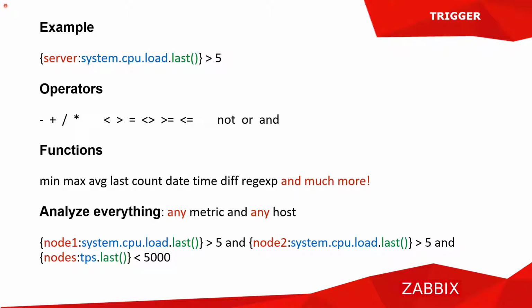So min for the minimal values, max for the maximum, average for the averages, of course, last for the last value received, and count when we are trying to count whether some specific values arrived more often than expected. Let's say you see a warning message in the log file.